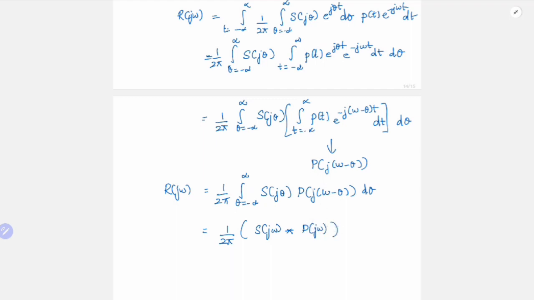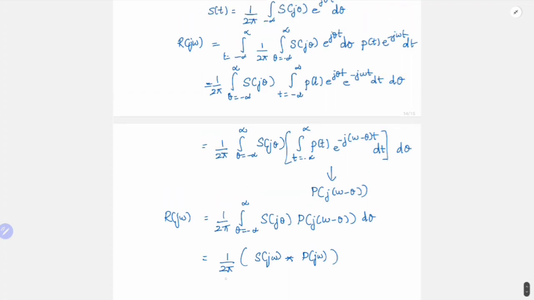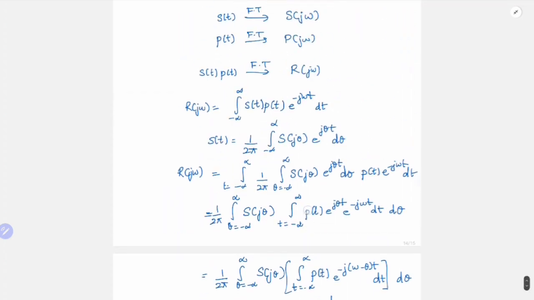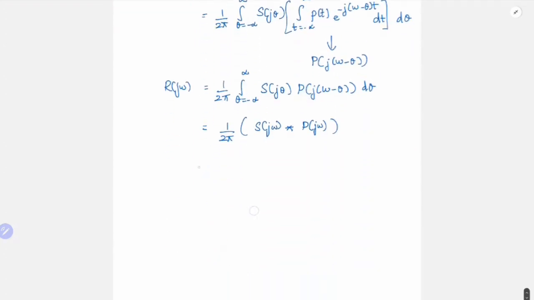It is just a convolution in the frequency domain. So it is as expected, but we also have this 1 over 2 pi factor. So s of t into p of t will have a Fourier transform given by 1 over 2 pi s of j omega convolved with p of j omega.